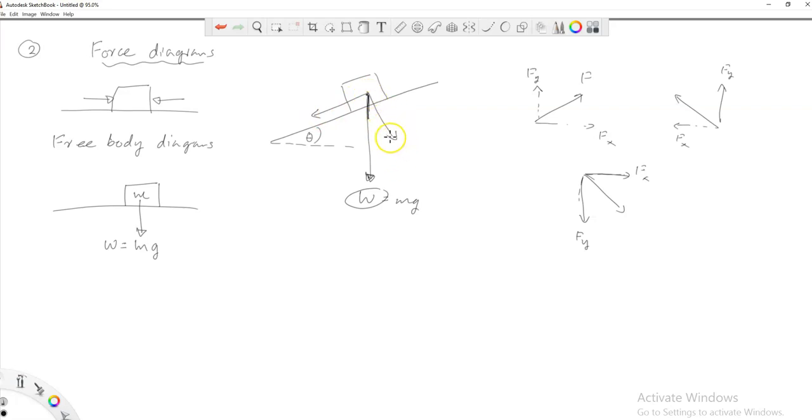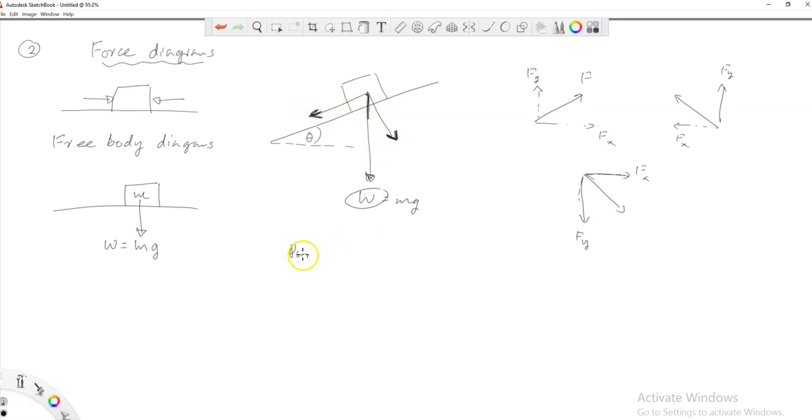The perpendicular component is perpendicular to the surface, right? It's 90 degrees to the surface. This one, the parallel one, is parallel to the surface, right? They're not x and y anymore, they're parallel and perpendicular components.